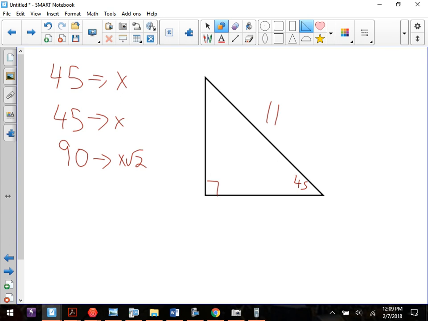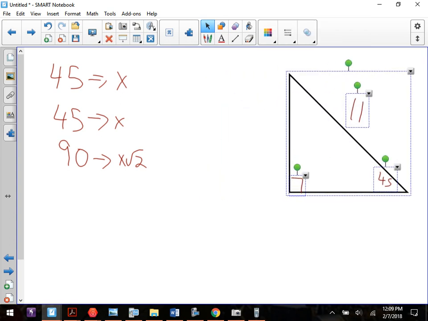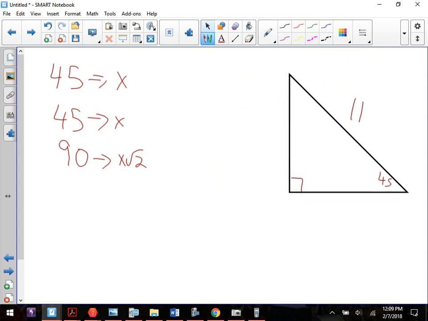And then I just ask myself, according to my diagram, across from which angle do I know? Across from the 90, I know that it is 11. So what I do is, in my algebra jig, I set x times the square root of 2 equal to 11.